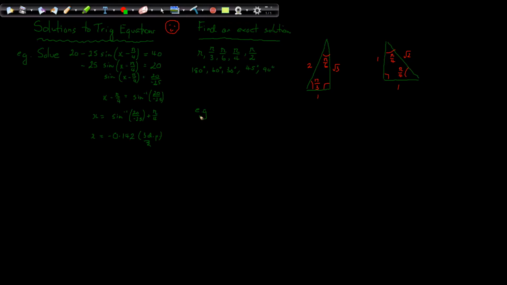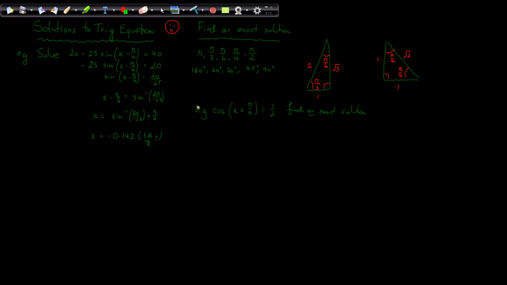Okay, so let's take a look at this particular example. So we've got the cosine of x plus pi over 4 equals a half, and we're asked to find an exact solution. So in other words, one exact solution.